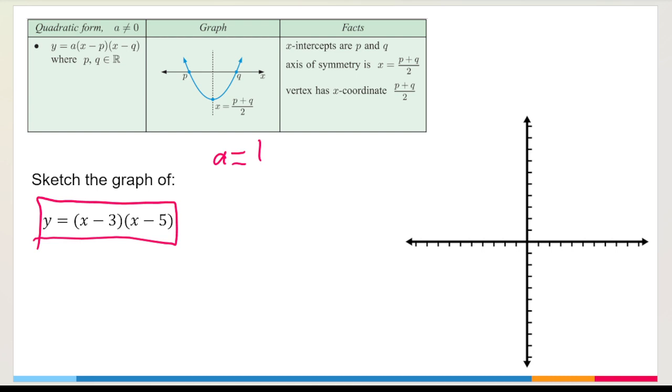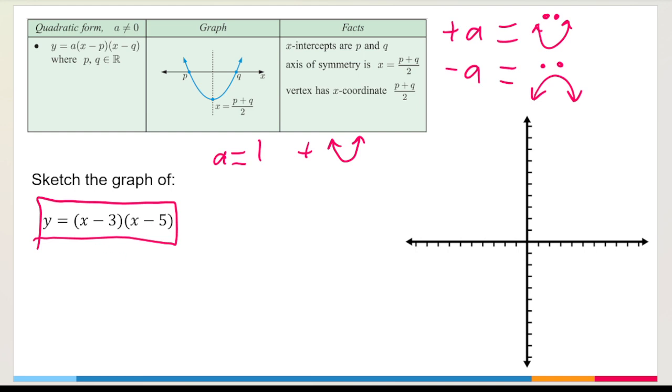Now, the easiest way to determine if you're going in a positive direction, like a smiley face, or a negative direction, is just to think positive a is going to give me a smiley face, and negative a is going to give me a frowny face or a sad face. So we've determined that we've got a equals 1, which means it's going to be positive, so it's going to be a happy face.